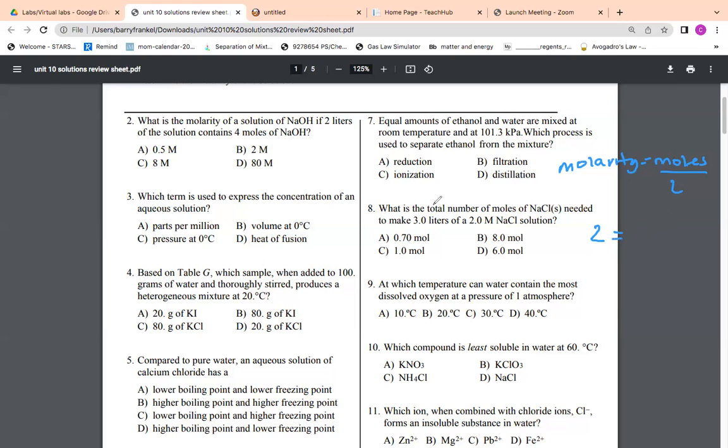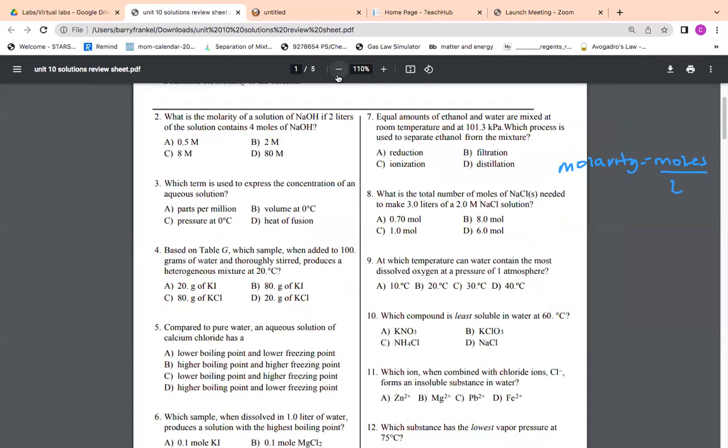The number of moles is what we don't know, so that's X. They're telling us that we have 3 liters of solution. Again, if you get to a proportion like this and you're not sure what to do, put this over 1 and just cross multiply, and we should end up with 6 moles. So choice D.